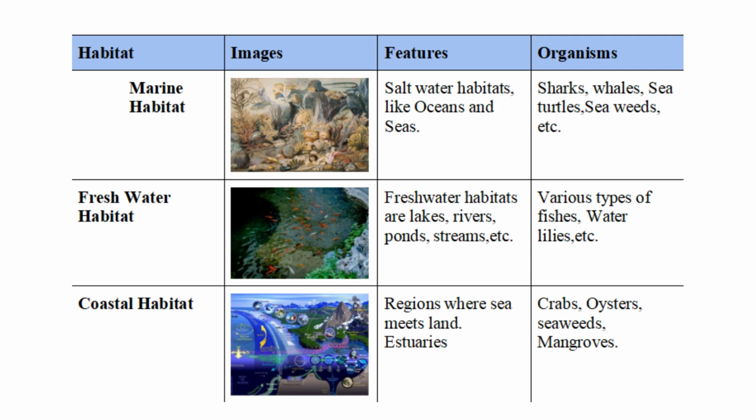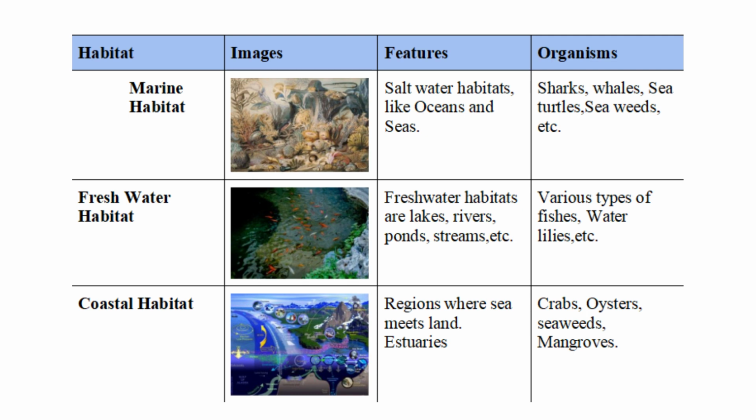Organisms found in freshwater habitats are various types of fishes and plants such as water lilies. The coastal habitats are regions where the sea meets the land, such as estuaries. The organisms found here are crabs, oysters, seaweeds, and mangrove forests.